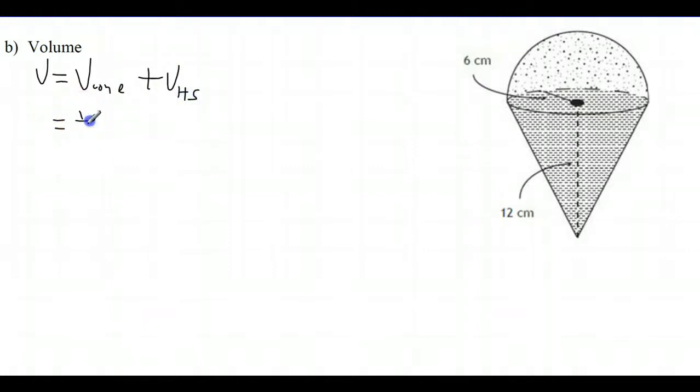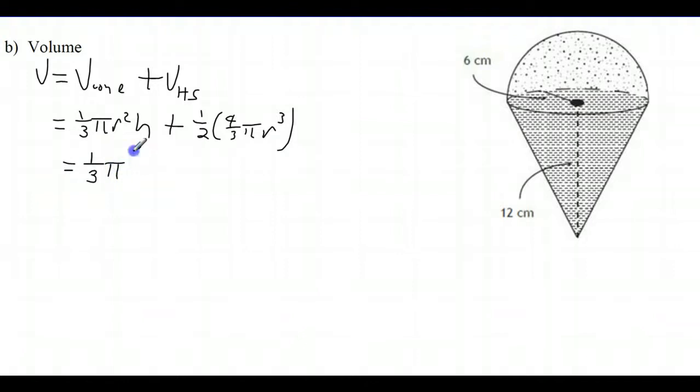The formula for volume of a cone is 1/3 pi r squared h, and the formula for volume of a hemisphere is 1/2 that of a sphere, 4/3 pi r cubed. 1/3 pi 6 squared. H is 12. Okay, we don't need slant height here, we need the actual height of the cone. 1/2 times 4/3 is 2/3 pi 6 cubed.